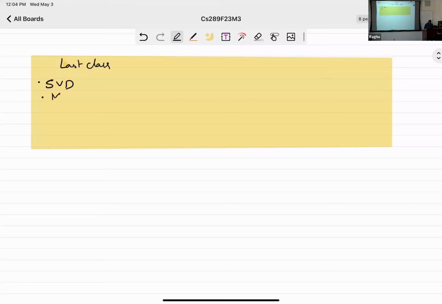Okay, and it also turned out that SVD magically solved the best fit subspace problem and the low rank approximation problem, right? It was a one-shot solution to both of these seemingly very different questions, which we've been working with for the last few lectures.